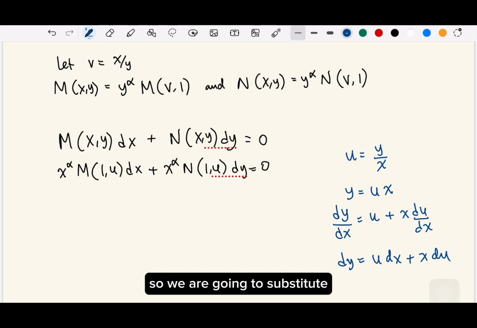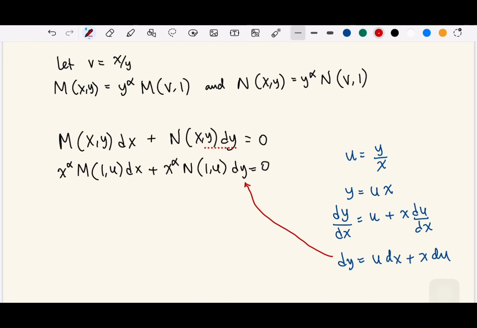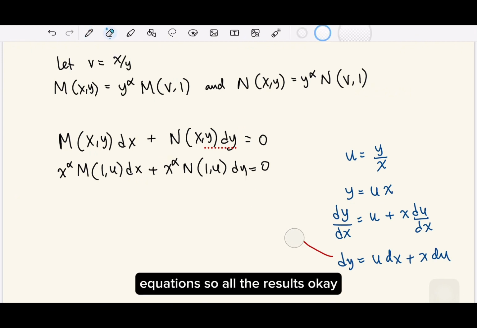So we are going to substitute all these forms inside the differential equations. Okay, so all the results.